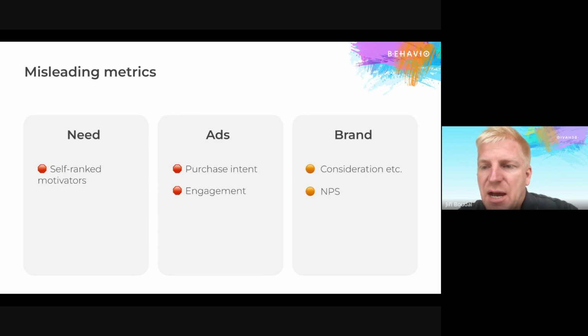Now, a couple of metrics that I would warn you against or suggest not to use. As I've said, behavior is key, because what people say is not what people do. And those declarative metrics are really tricky and sometimes can really mislead you. So one of the things often used when you do a do-it-yourself questionnaire for market research is the self-ranking of motivators.